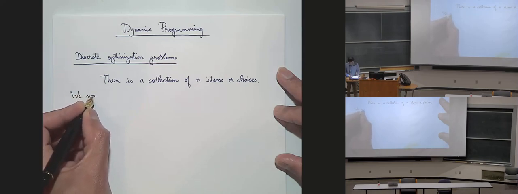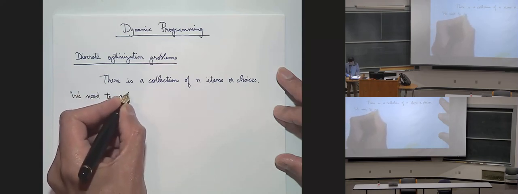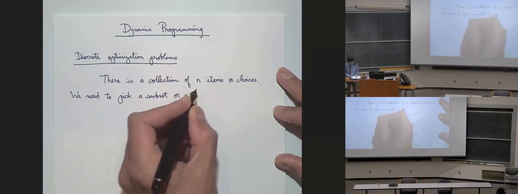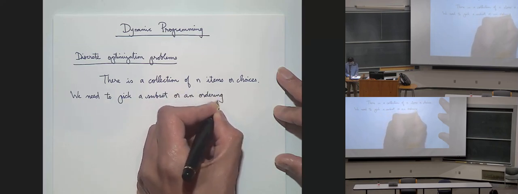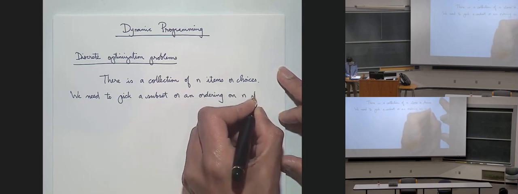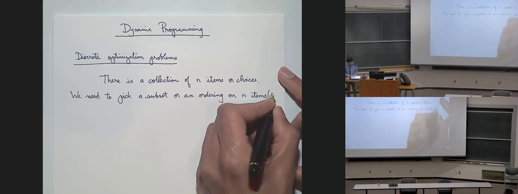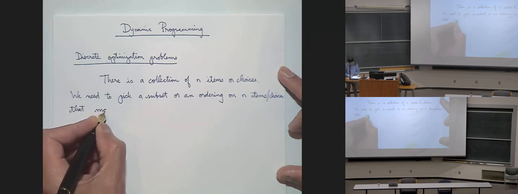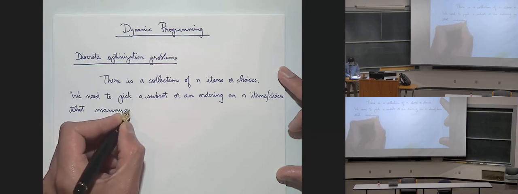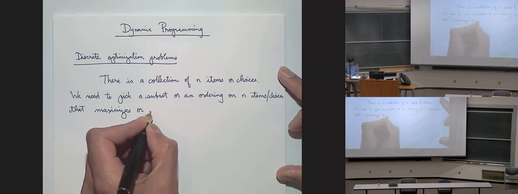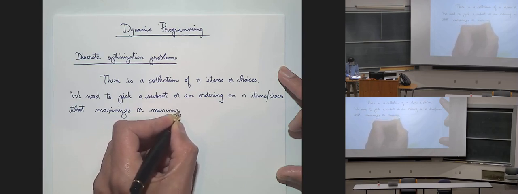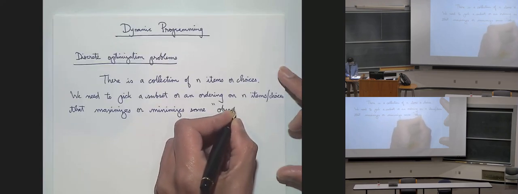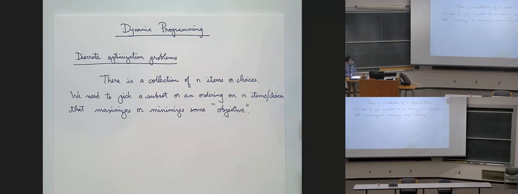And we need to pick a subset or an ordering on the n items or choices that maximizes or minimizes some objective. Okay, so that's what I've written in English.